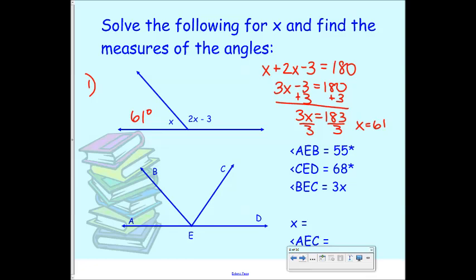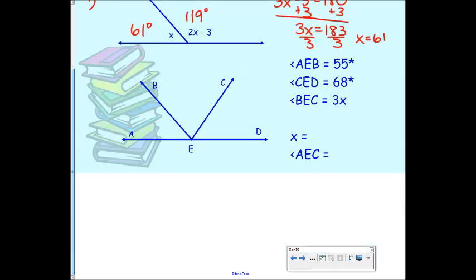All right, what's the difference down here? There's 3 angles. They're still supplementary, which means they add up to 180. So before we start, I'm going to plug in the info that I know. Angle AEB is right here, so I'm going to put 55 degrees. CED, which is this one, is 68 degrees.